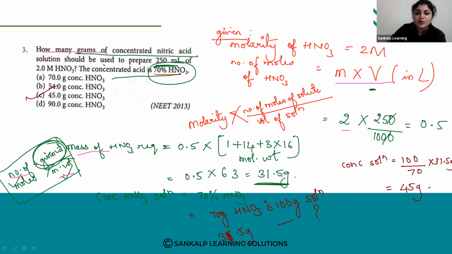So for 31.5 grams, you just cross multiply: 100 into 31.5 divided by 70. This comes to 45 grams. So C is our answer.